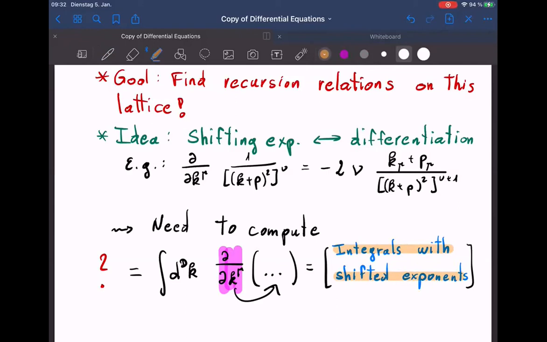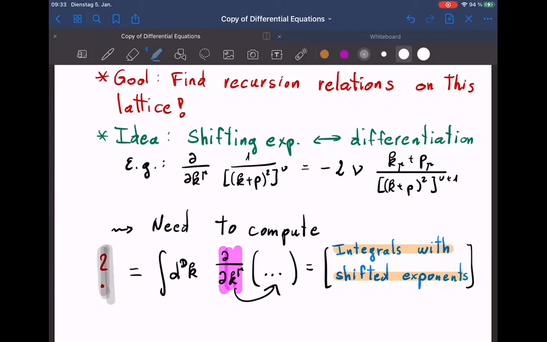So I get on the right-hand side integrals with different values of nu. But in order for this to be useful, I need to say what this is supposed to be equal to. Otherwise, I don't have an equation. Right now, I just said the integral of the derivative gives me back things with different powers for the exponents, but the integral of the derivative is not what I was interested in. So what is this integral of the derivative?